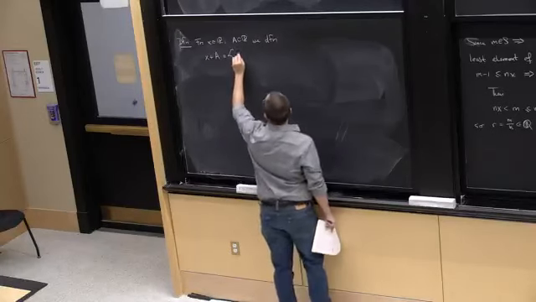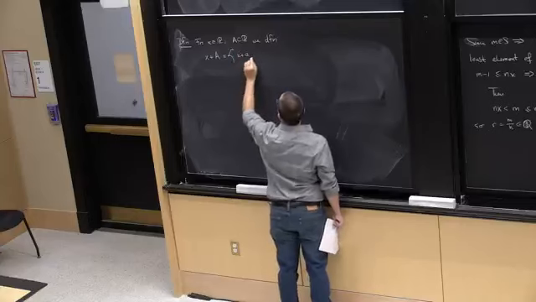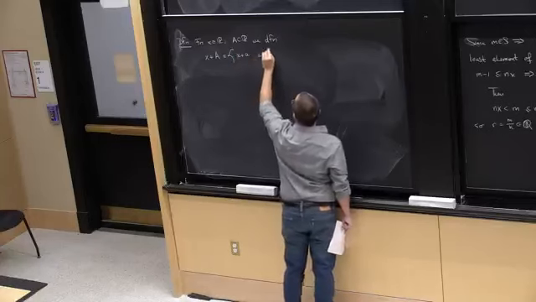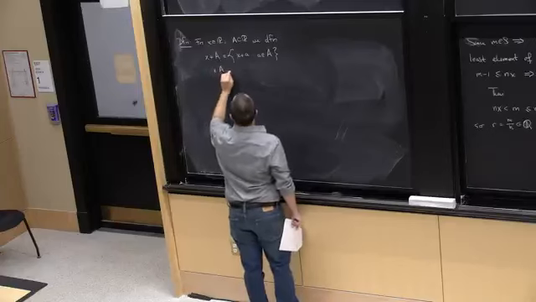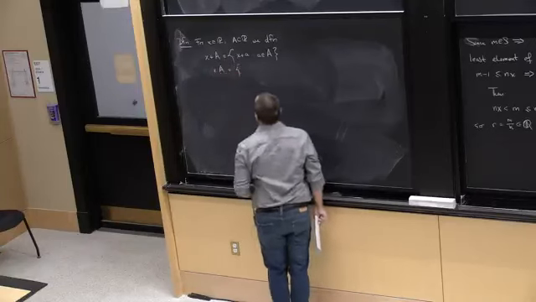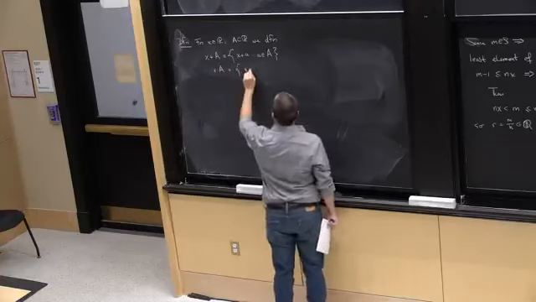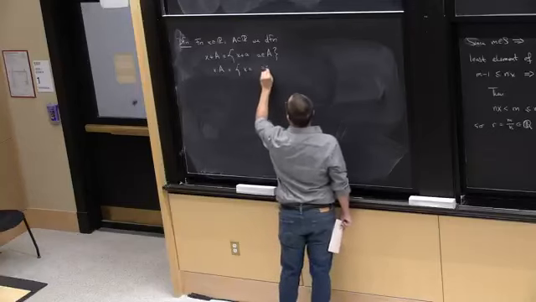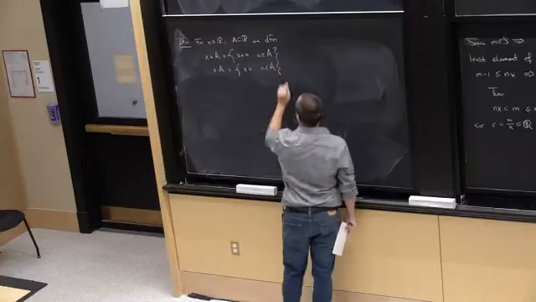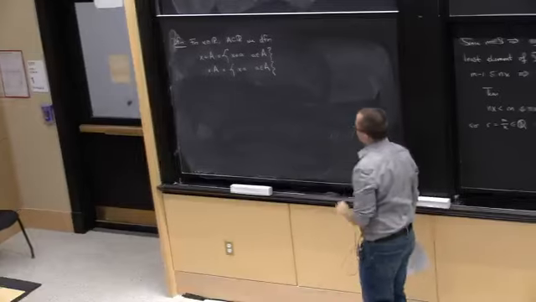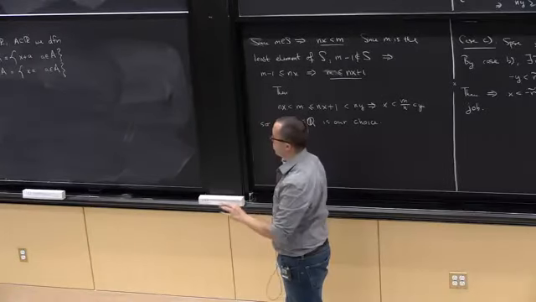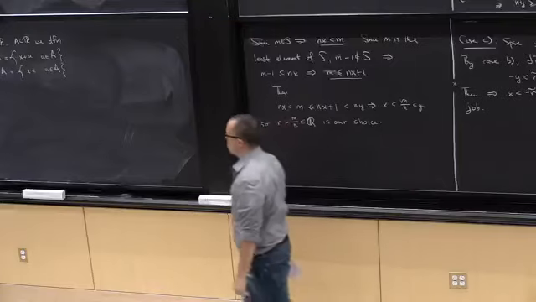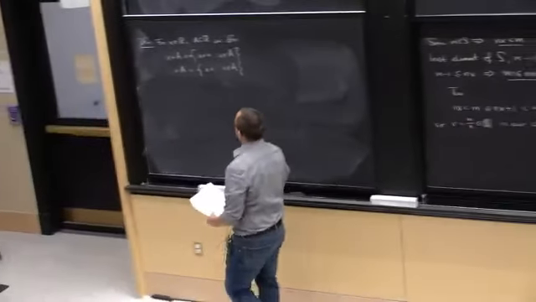So this is the set of all elements of the form x plus little a, where little a is in capital A, and x times A. This is the set of all elements of the form x times a, where a is in capital A. So from now on, until almost the end of the course, we're working with subsets of the real numbers. So these things, plus and multiplication, are meaningful.